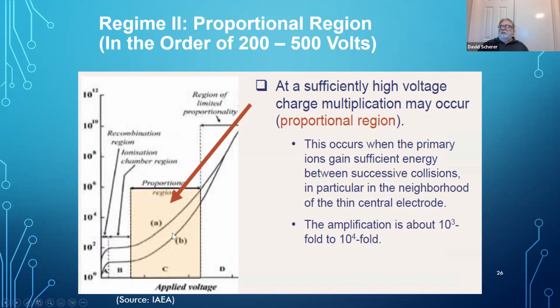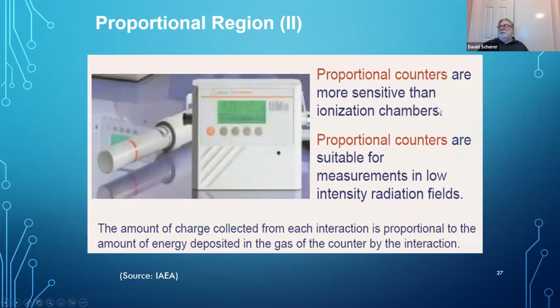The amplification that takes place, as I said, is a cascading because you're at a higher voltage: a cascade of ionization, or an avalanche of ionization, leads to an amplification of about 1,000 or 10,000. And so that makes the signal large enough to be countable. Proportional counters are more sensitive than ionization chambers because of the amplification that takes place. They're useful for low field intensities because they're more sensitive than ionization chambers are.